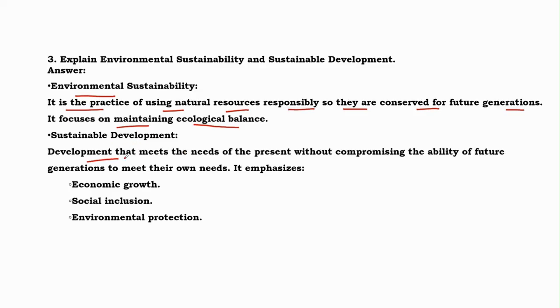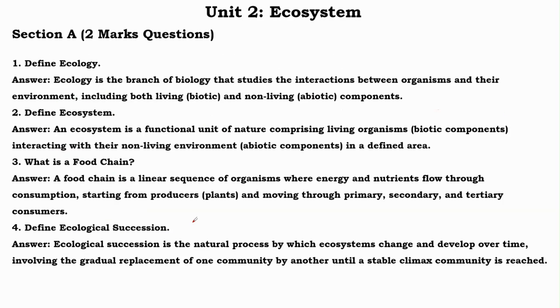Sustainable development is development that meets the needs of the present without compromising the ability of future generations to meet their own needs. So it has economic growth, social influence, environmental protection. Then you have the second chapter, which is ecosystem.